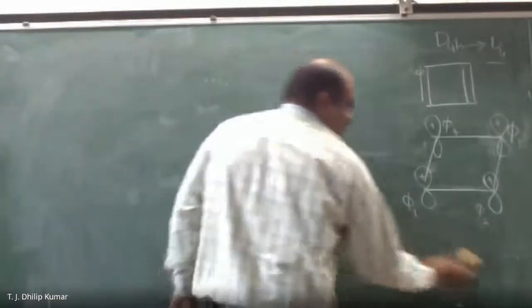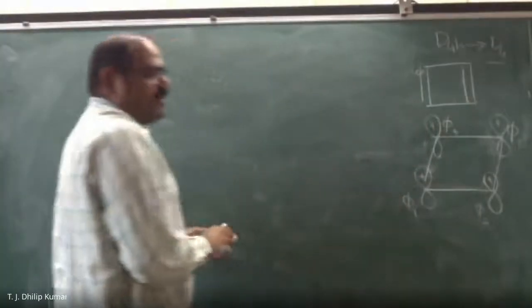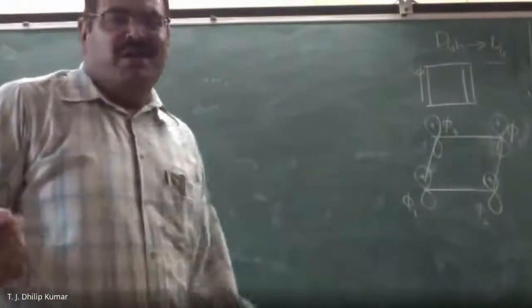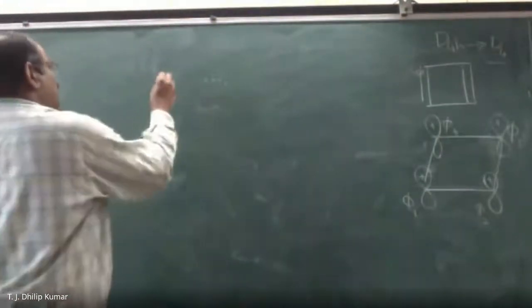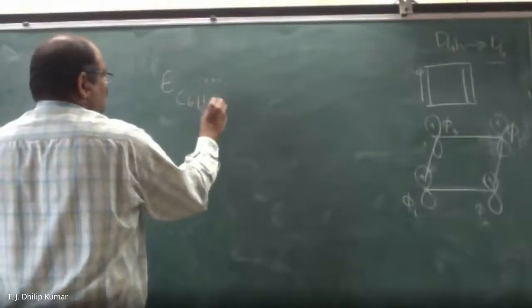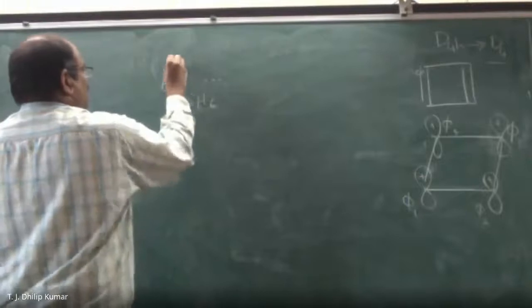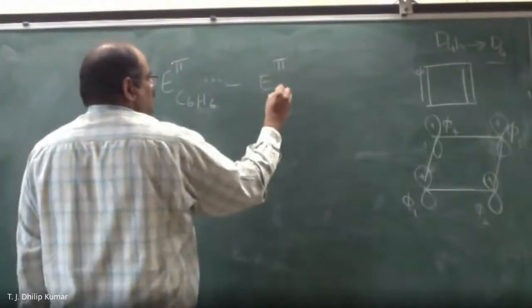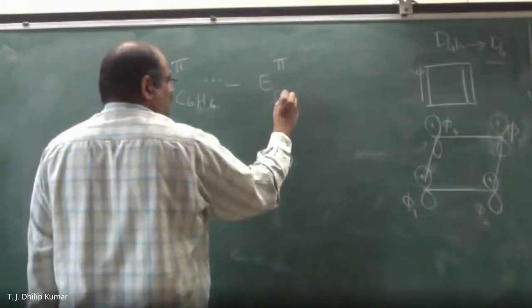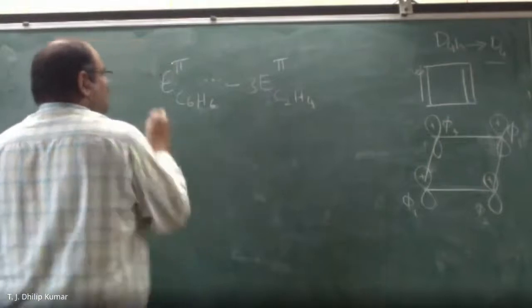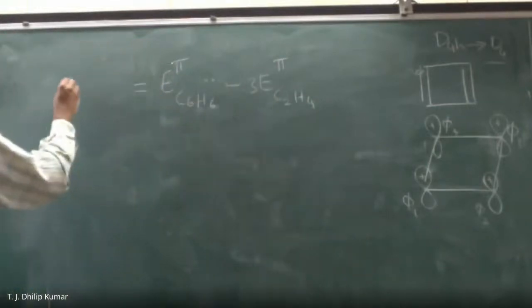Once we know the orbital energies, we find the energy of benzene, C6H6, pi, minus the pi energy of ethylene, C2H4. I subtract 3 times that, and then I get the delocalization energy.